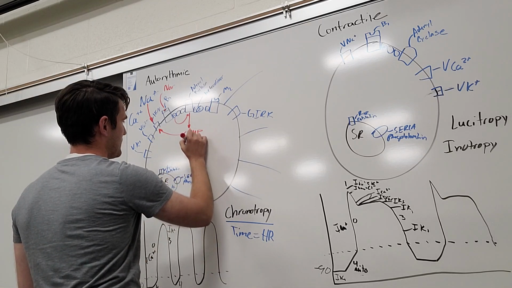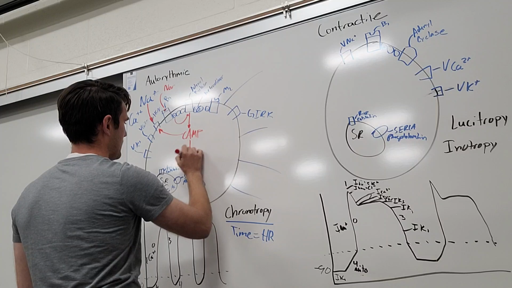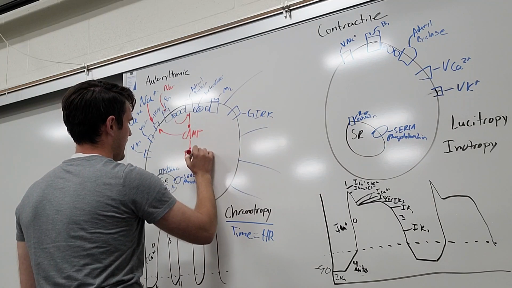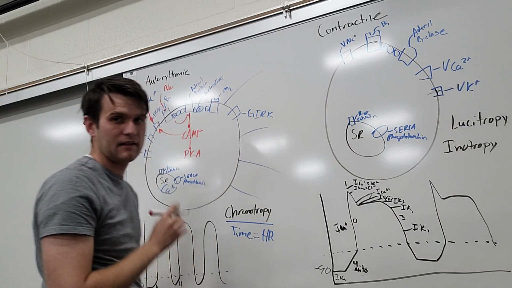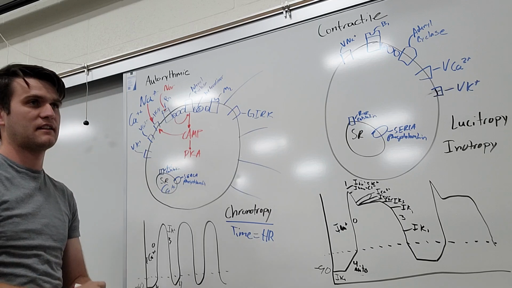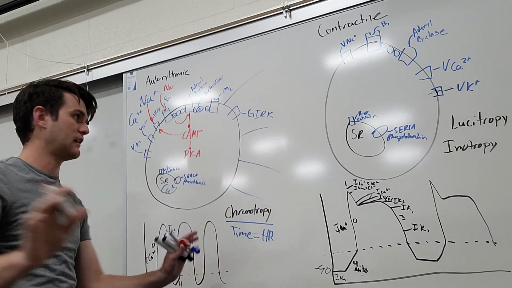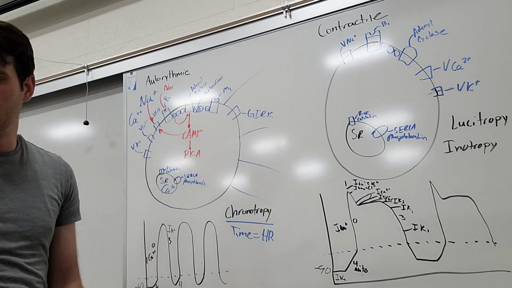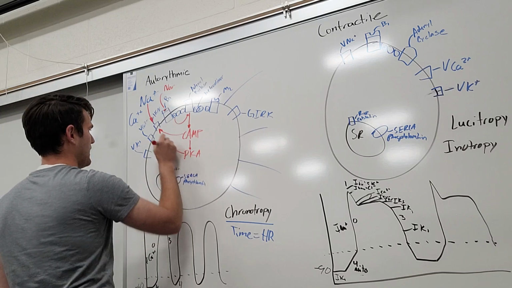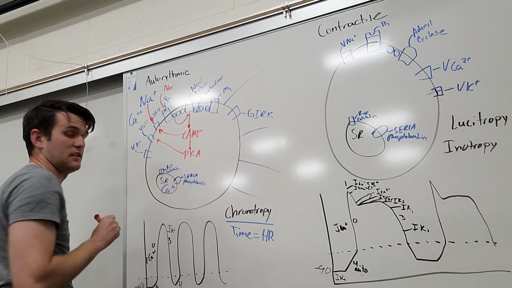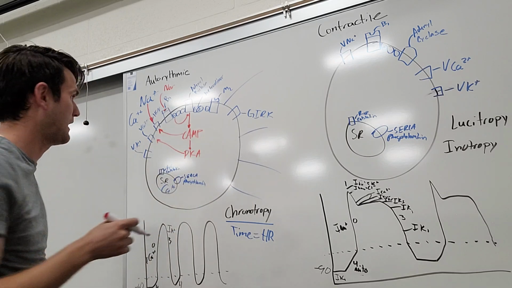What also happens is cAMP is going to activate protein kinase A, or PKA. Now PKA is an enzyme that just likes to go in and phosphorylate everything. So first it's going to phosphorylate these voltage-gated calcium channels, okay?